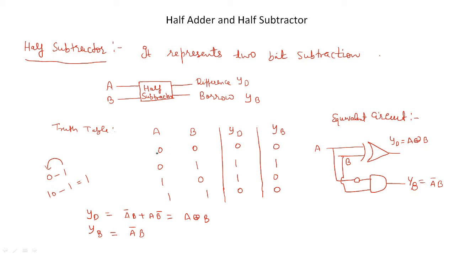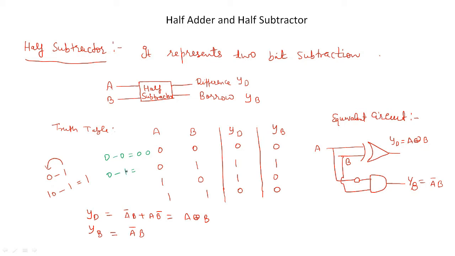So here you see that 0 minus 0 will give you 0. So here you can write 0 0. Here difference will be 0 and borrow will be 0. Then it will be 0 minus 1. So you cannot do 0 minus 1, so you have to take a borrow.